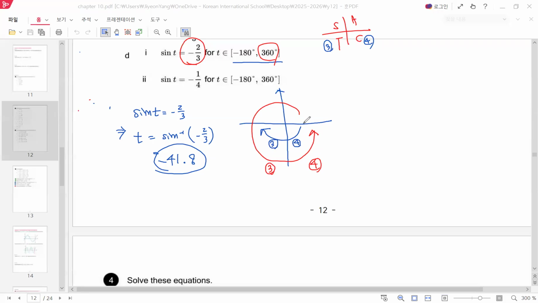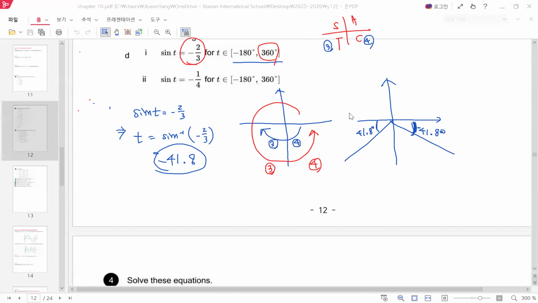Can you see that? Then negative 41.8, which is here. But the size is 41.8, right? So this one is 41.8 degrees.